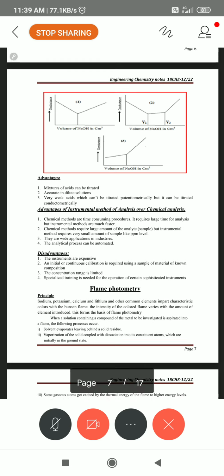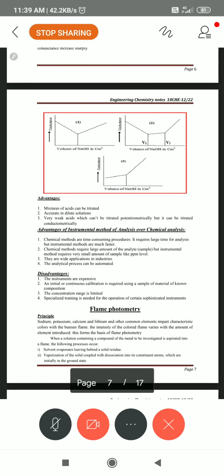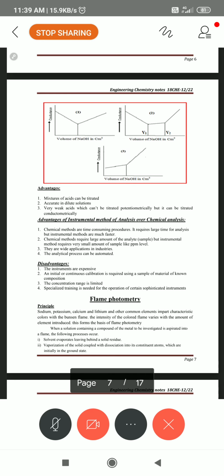And the atomizer is there. Atomizer: the sample is completely dissolved in the solution, then made into vapor. So at the time of vaporization, it is sprayed on the Bunsen burner flame. At that time, immediately the gaseous atoms absorb the flame and jump to a higher energy level.